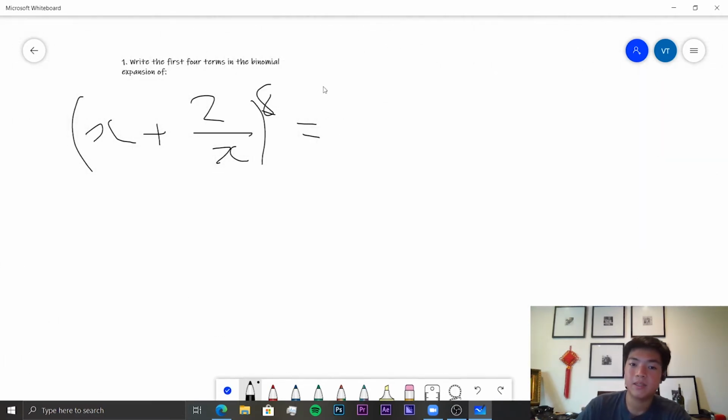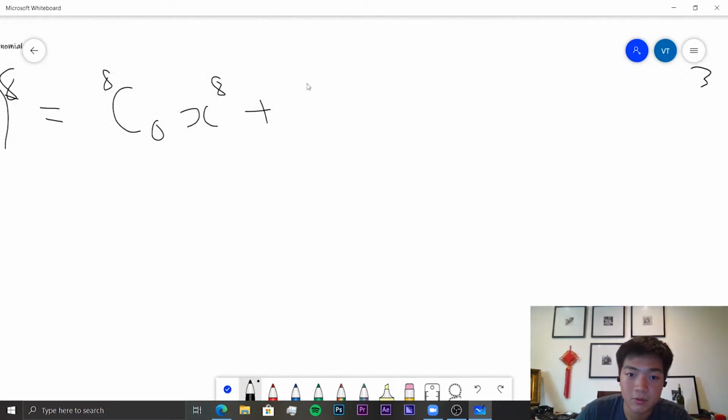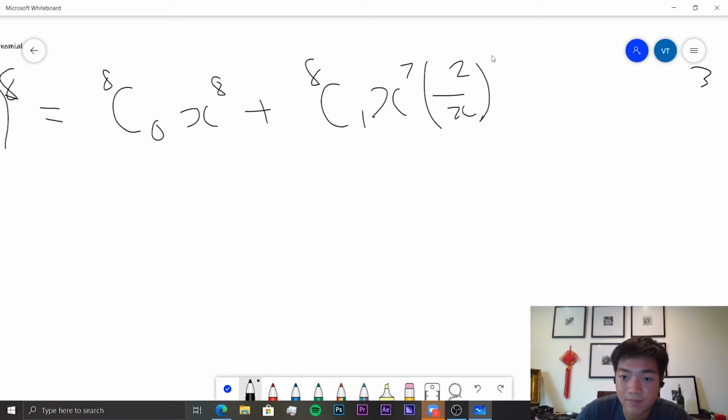So the first term is going to be 8 choose 0 x to the 8. And then the next term will be 8 choose 1 x to the 7 and then 2 over x to the 1.